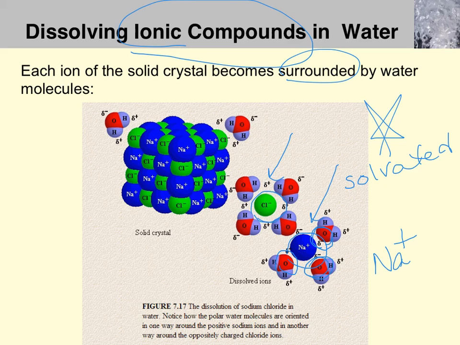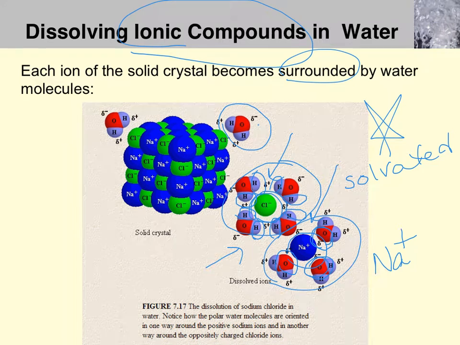On the other hand, the chloride, which has a negative charge, it's the anion, all of the water molecules are oriented so the less electronegative hydrogen atoms are facing or closest to the anion. Okay, so again, opposite charges attract. That's what this picture is trying to show. So the better water can solvate or stabilize individual anions and cations, the more soluble an ionic compound will be in water.